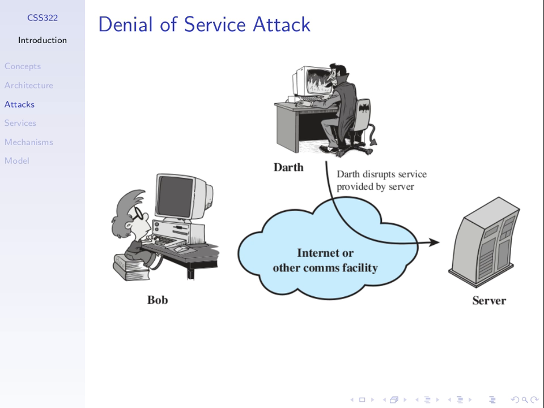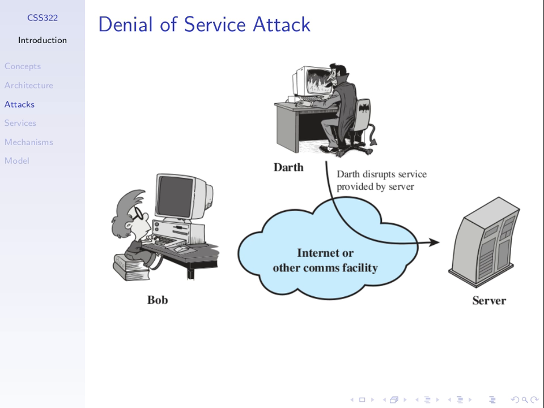As a result, the server becomes busy. And when the server is busy, the normal users cannot access it in the normal way. And therefore, by sending a lot of messages to the server, the attacker has denied the normal users from using the service. A denial of service attack.